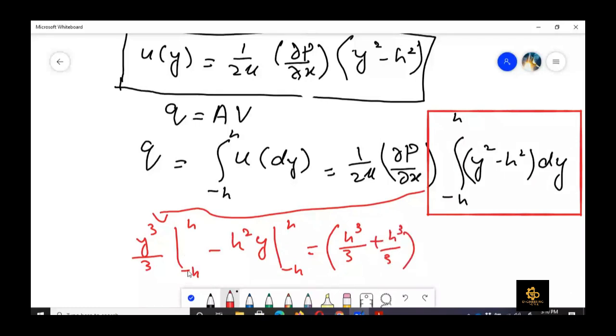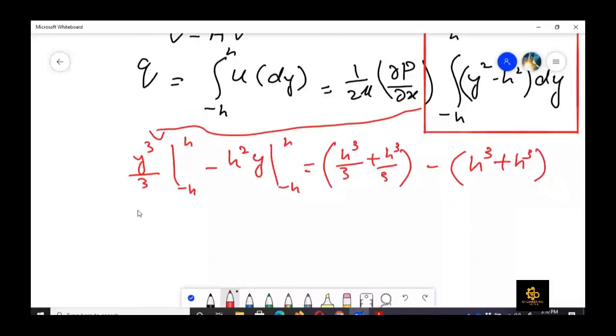Because minus into minus h cube by 3, so I wrote it plus h cube by 3, and then the second term would be h cube plus h cube, right? So if I go a little bit down here, I can see that it would be 2h cube by 3 minus 2h cube. So if we do that, we can easily see that it is equal to minus 4h cube by 3.